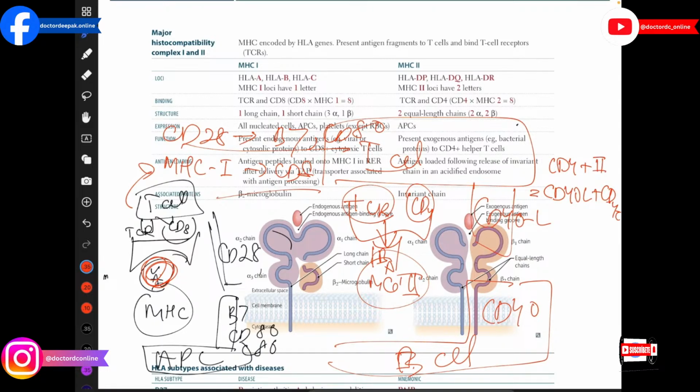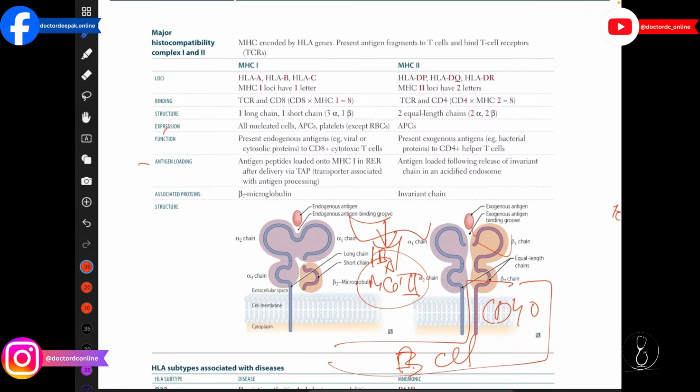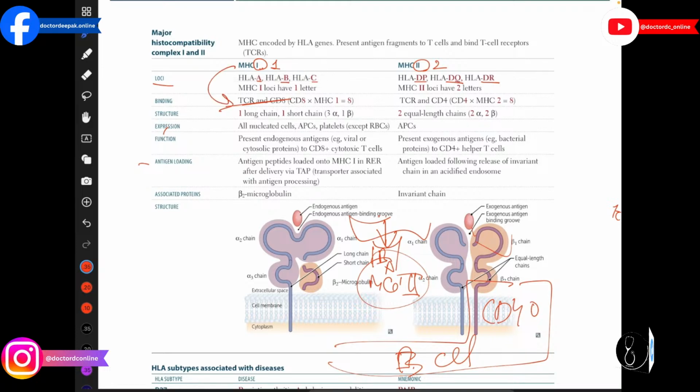And secondly, if you talk more about MHC1 and MHC2, if you remember, MHC1 has one letter in its name, like HLA-A, HLA-B, HLA-C. MHC2 has two letters in its name, HLA-DP, HLA-DQ and HLA-DR. The TCR and CD8 bind with MHC1, which you already know, and MHC2 with CD4.